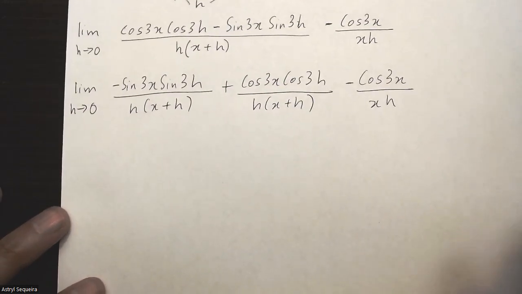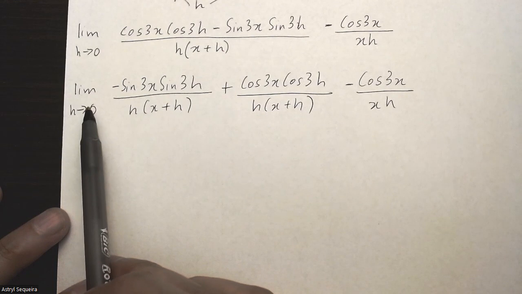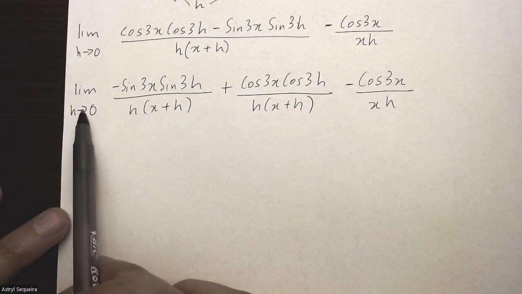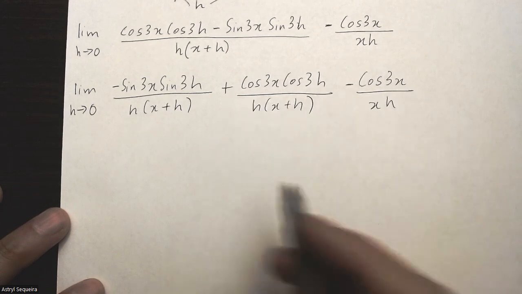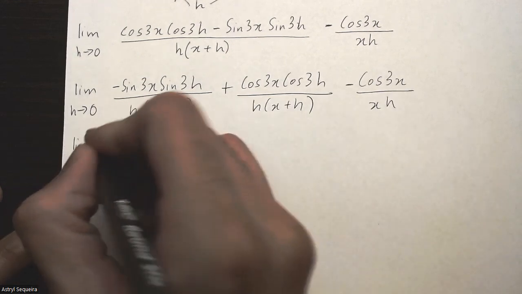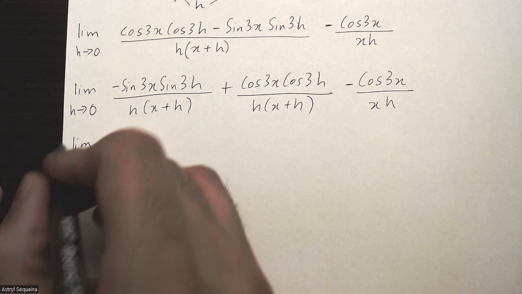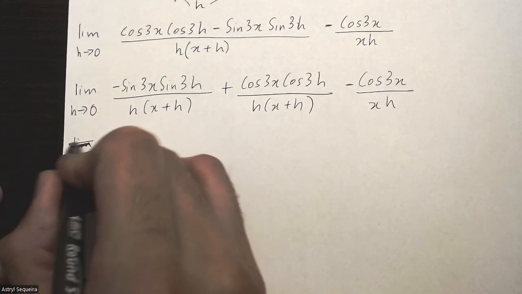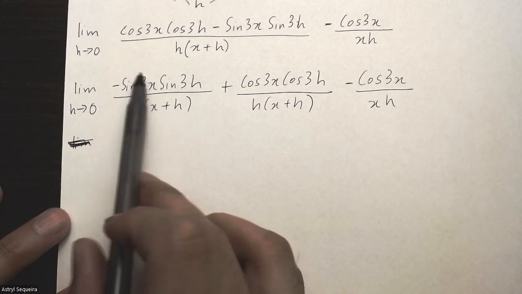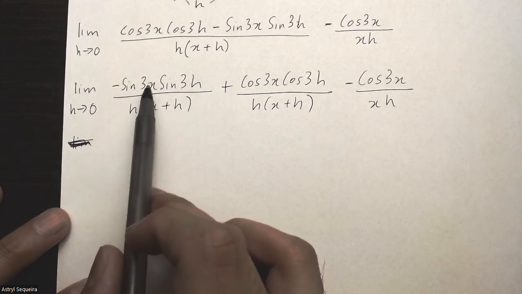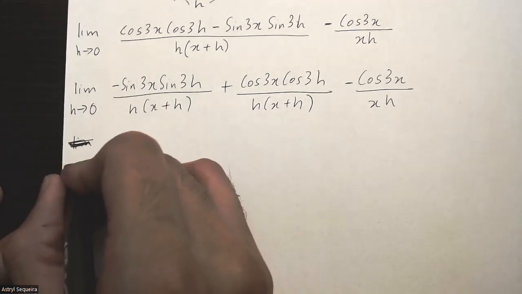Now, the next thing that I want to do is split up this lim for this and then for this whole thing separately. I'll do another thing in the same step to save us a bit of time and space. I'm going to move this negative sine 3x outside the lim.